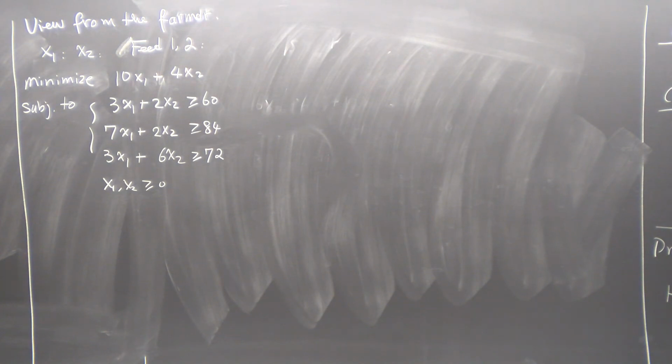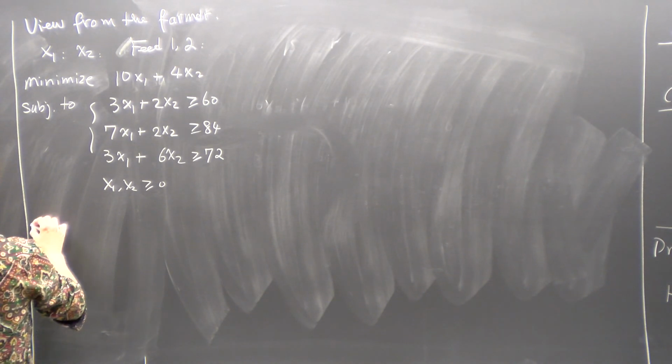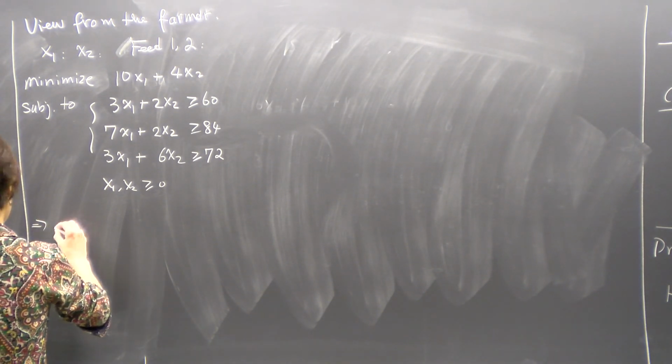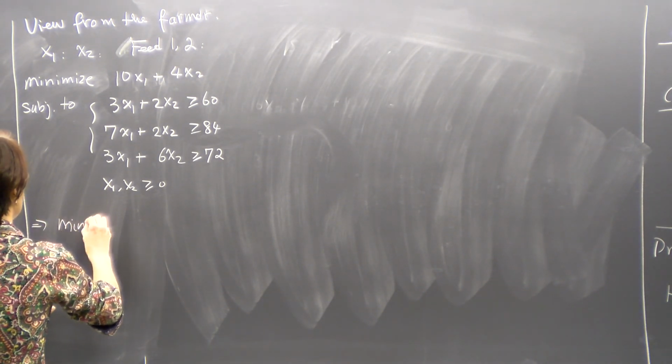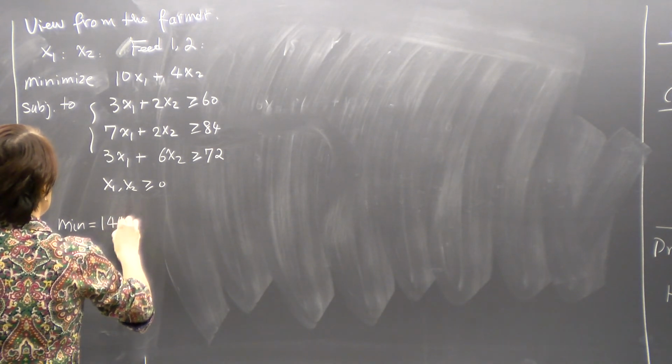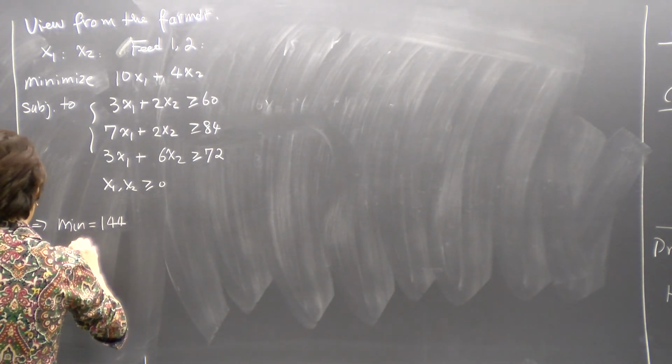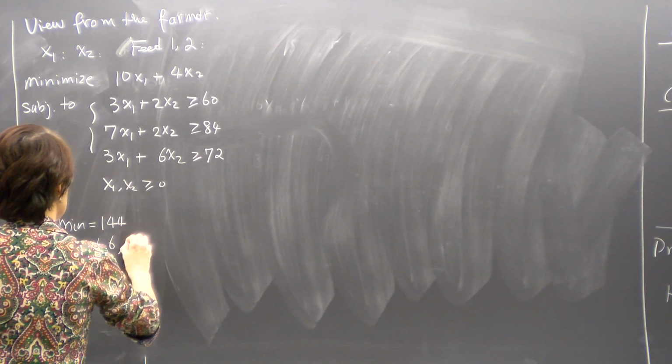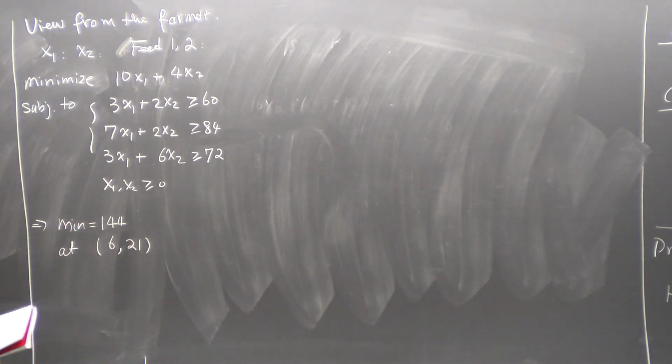You can solve it by graphic method or whatever, and it is found the minimum cost is 144, obtained at (6, 21). So he should buy 6 units of feed 1 and 21 units of feed 2. That will minimize his cost.